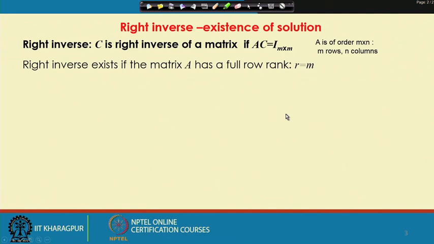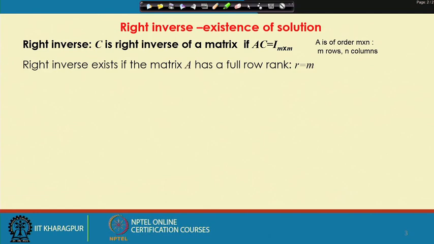The right inverse exists if the matrix A has full row rank, r = m. The matrix A is of order m into n, so it has m rows and n columns, and all these m rows are independent. So, it has full row rank, or the rank of the matrix, or dimension of the row space, is equal to m, and only then will the right inverse exist.